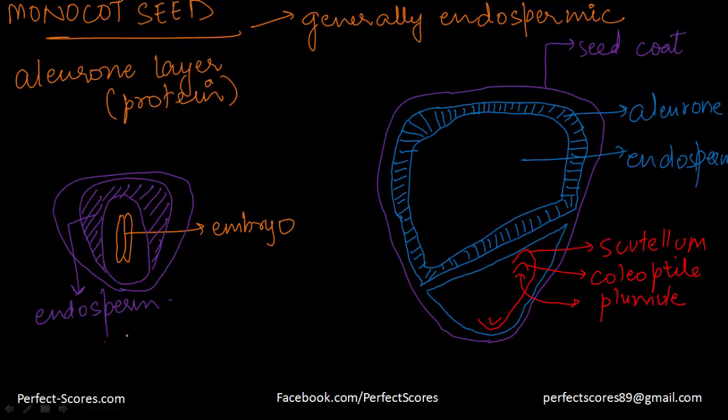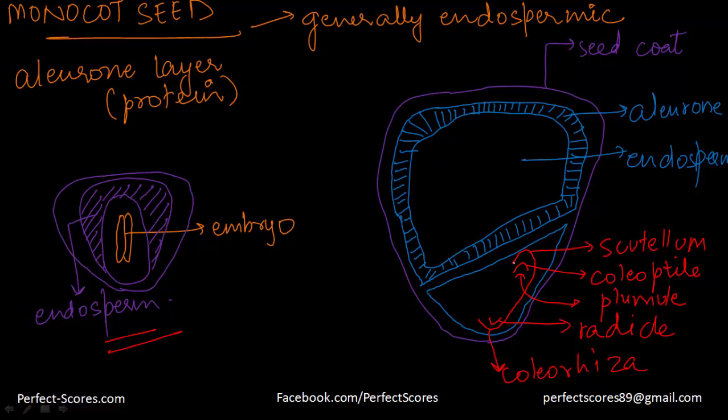It's not very clear in this diagram, but over here it's clear. This one is the radicle. And the last one, the bottom part, and remember they are jointed, this is the coleorhiza. Alright, so that is the structure of a monocot seed.